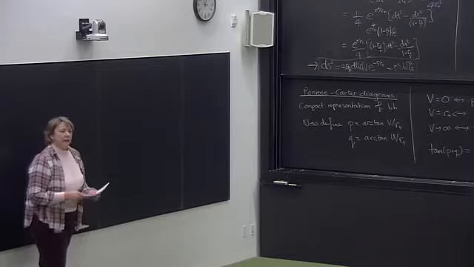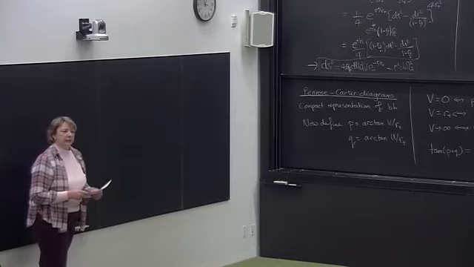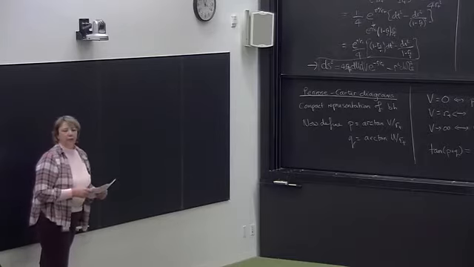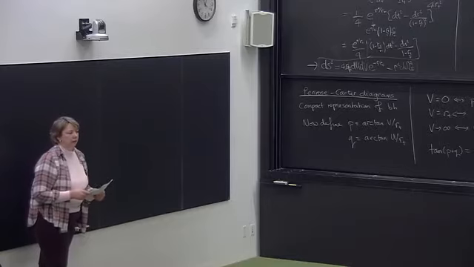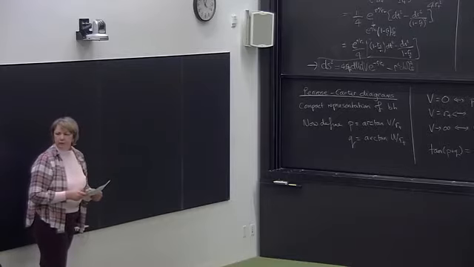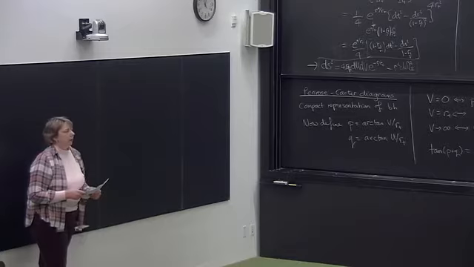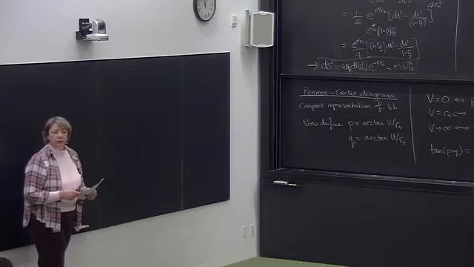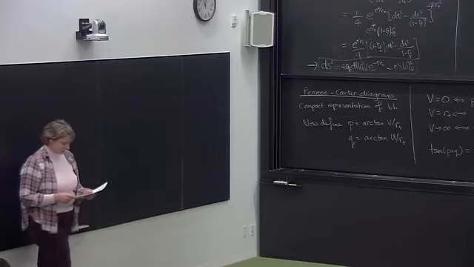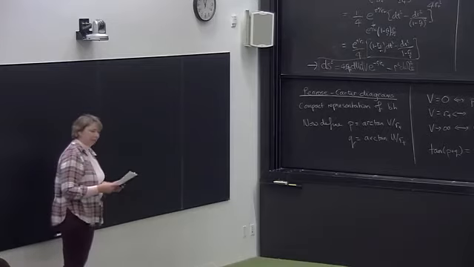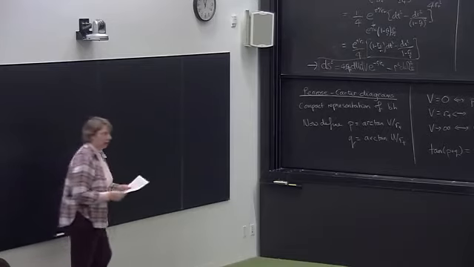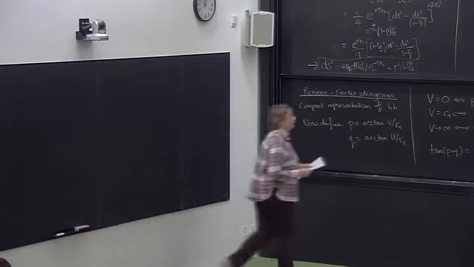So finding a spherically symmetric solution was pretty easy. Finding a rotating black hole took until 1963 or so, when Roy Kerr wrote down a solution for a rotating space-time. So it's actually quite fascinating it took so long. So let's write it down.